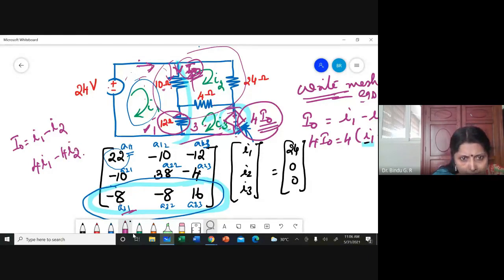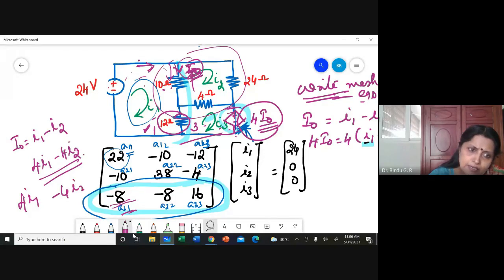Now coming back to my column, there I am checking the elements. This dependent source is as good as a resistor 4 carrying current I1 in one direction and minus I2 in the other.